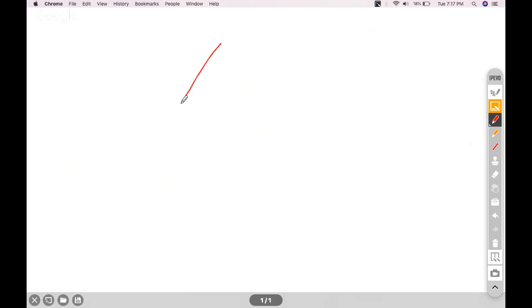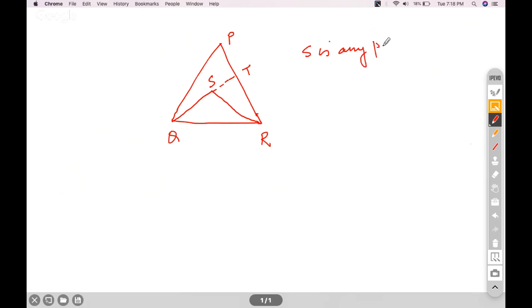Just look here. This is P, this is Q, this is R, this is T. So PQR is a triangle. S is any point in the interior. And I have already done the construction for you.